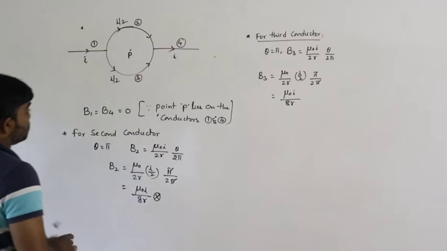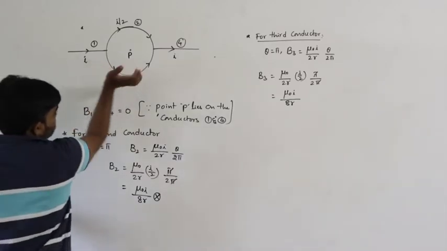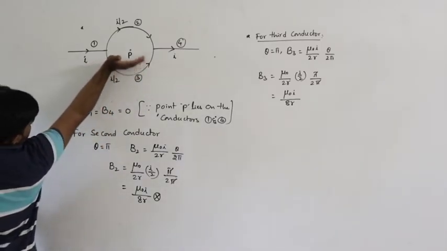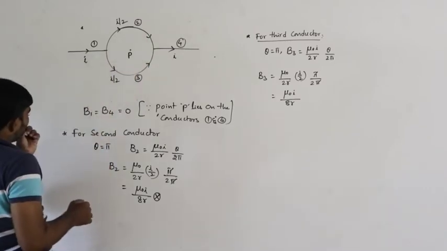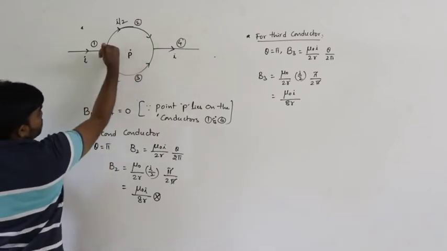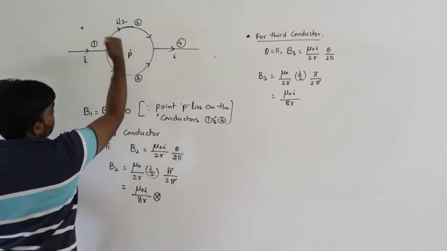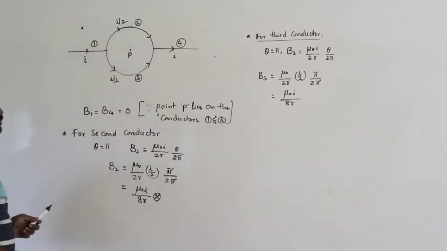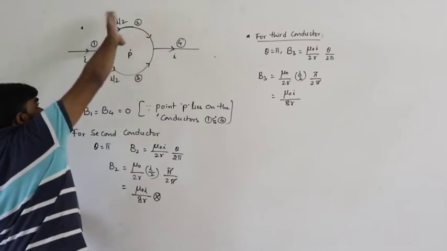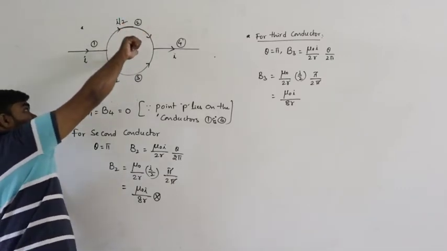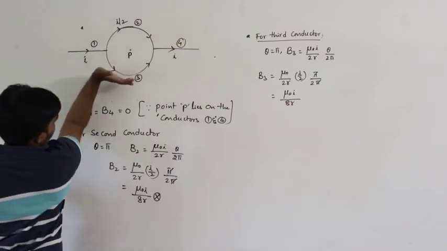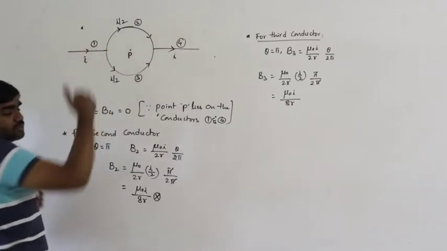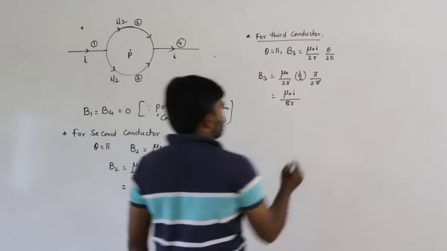What is the direction? Here the curling of the fingers is in the anti-clockwise direction, so the thumb indicates the magnetic field outwards. If the current is in the clockwise direction, the thumb is inwards. If the current is in the anti-clockwise direction, the thumb is outwards. So this is outwards.